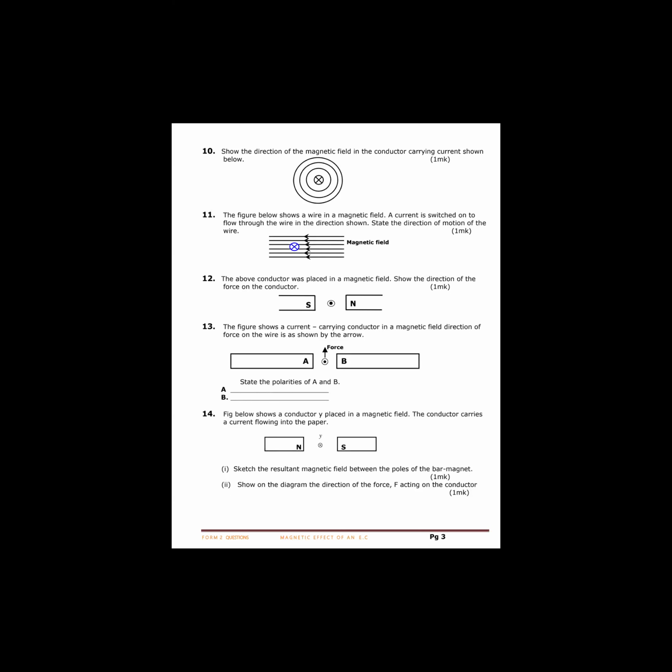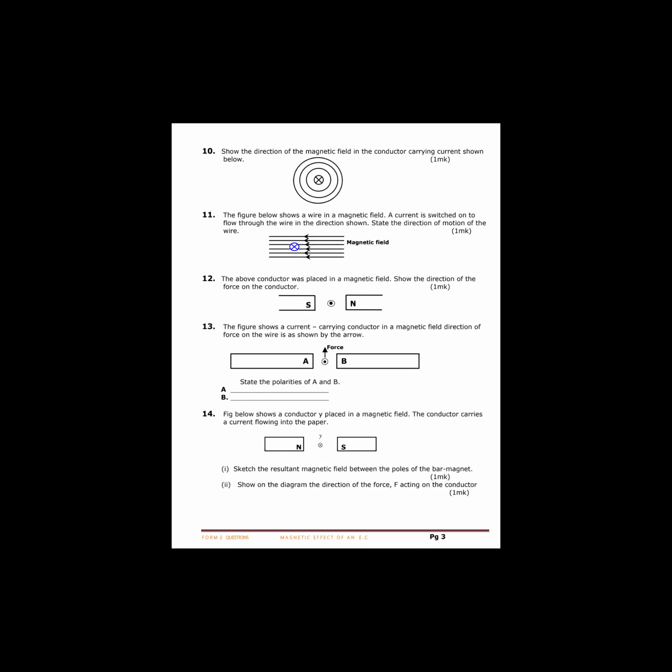Any trial? Explain what you are going to do in this question number 12. Because the current is going upwards, the second finger will be the one facing upwards.